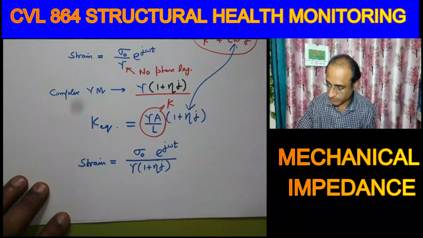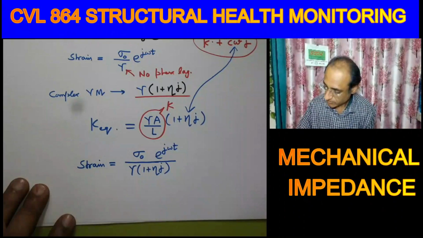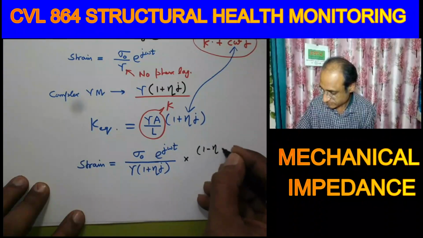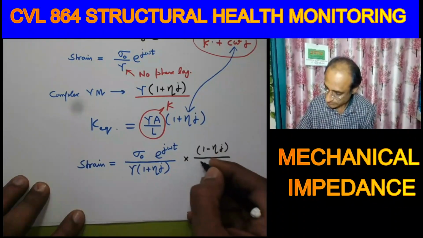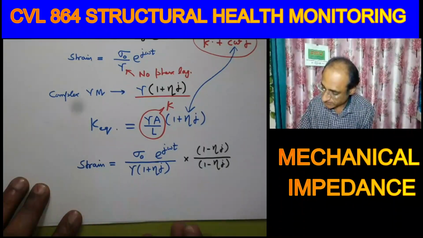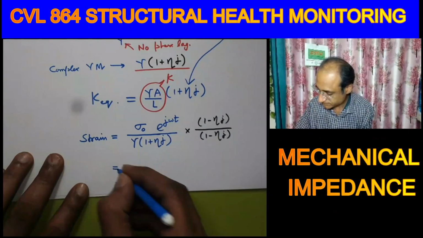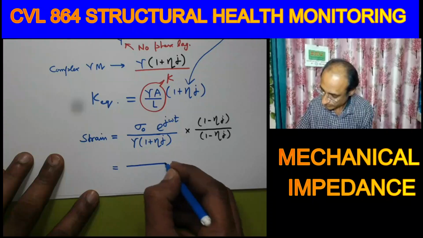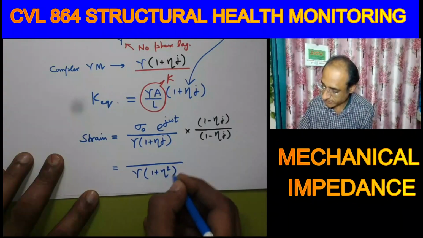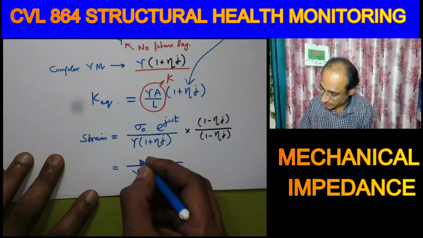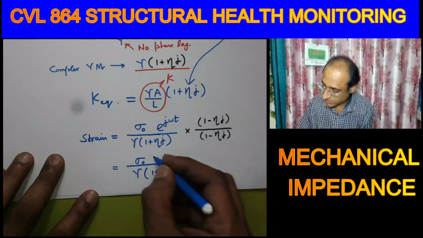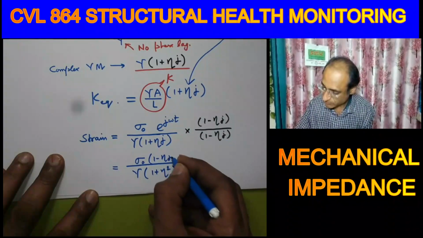Because now you just multiply and divide by 1 minus ηj, its complex conjugate. What you get here is, in the denominator, 1 plus η², and in the numerator σ₀ (1 minus ηj) e^(jωt).